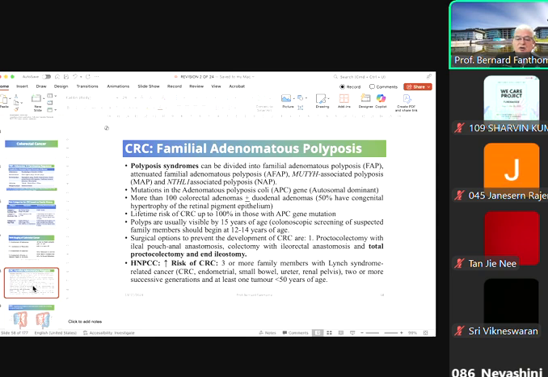Hundreds of polyps are produced in the colon, and these patients are at 100% risk in their lifetime of developing colorectal malignancy. So if not today, tomorrow, definitely in one of the subsequent years, the patient is going to develop it. And these polyps start coming up at a very early age, 15 years.